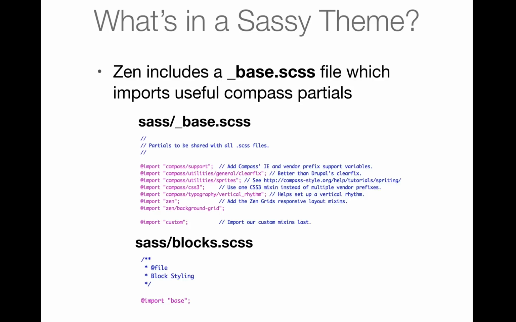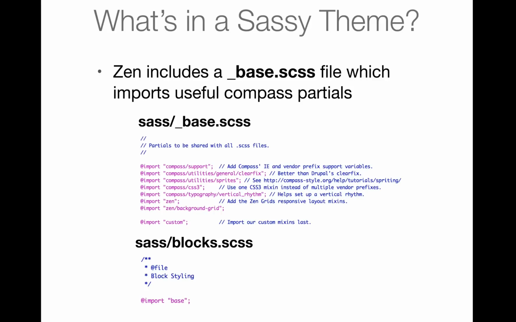You'll probably want to look at the theme files more carefully to see exactly what's going on. So, for example, if you set up a sub-theme with Zen, there's a bunch of Compass libraries that are imported for you, as well as a library that's created by Zen called Zen Grids.